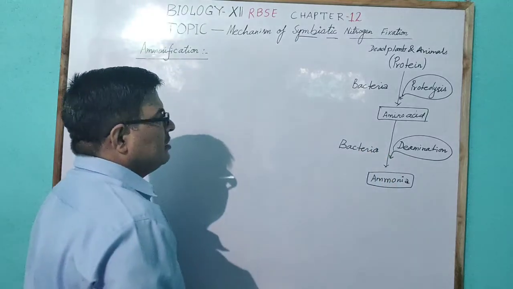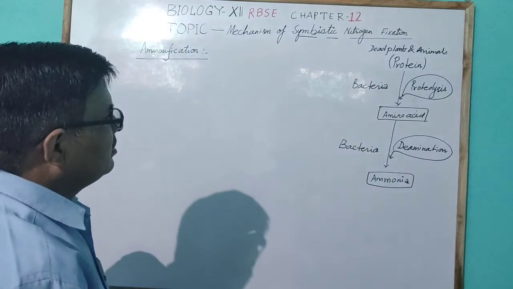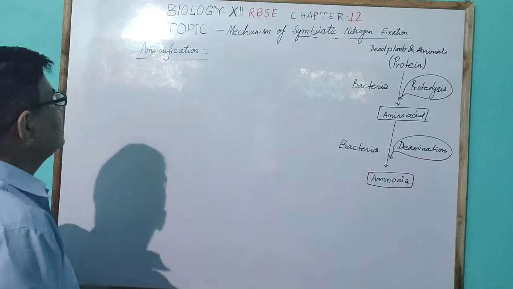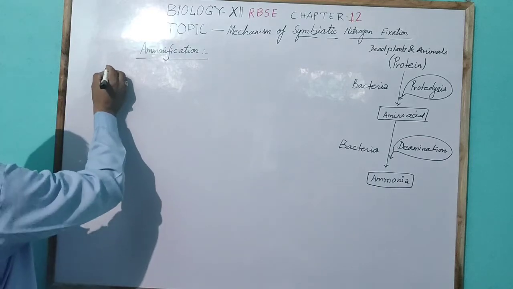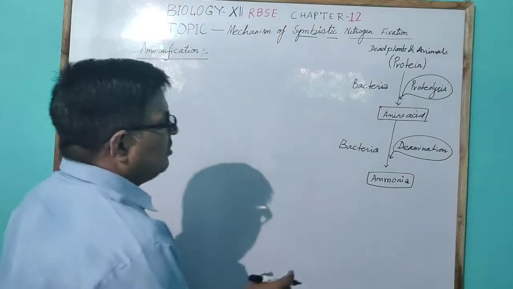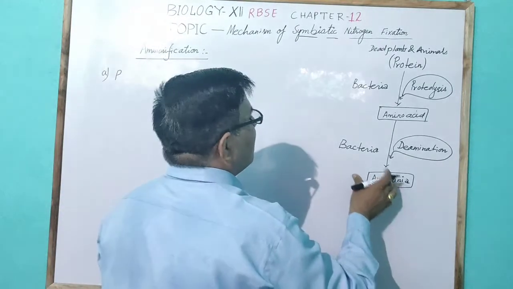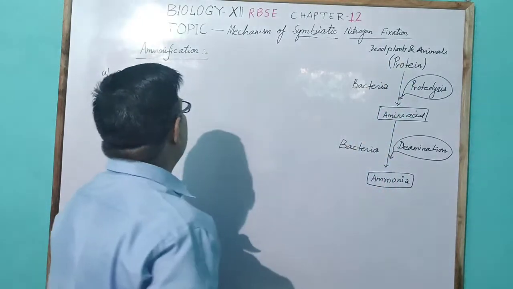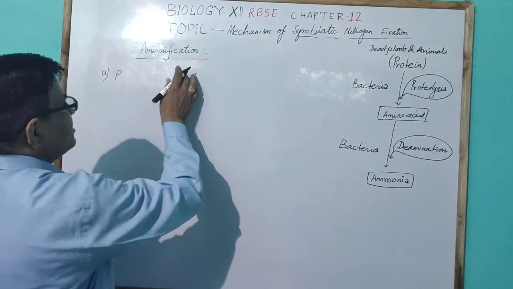So, the type of change which occurs has been shown here. First is the formation of ammonia from protein, called ammonification.